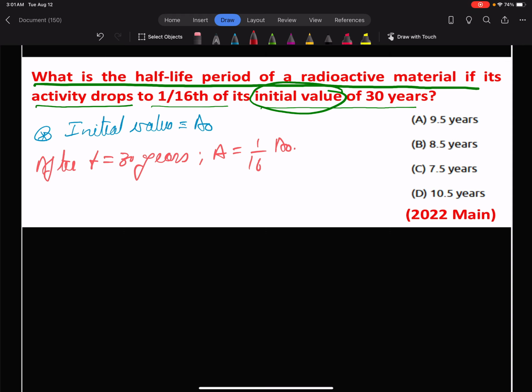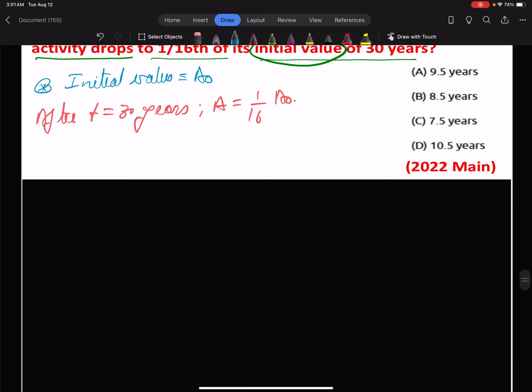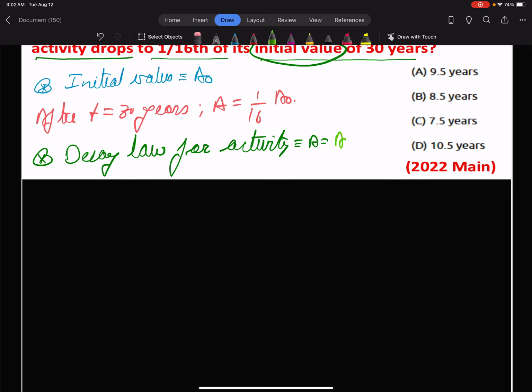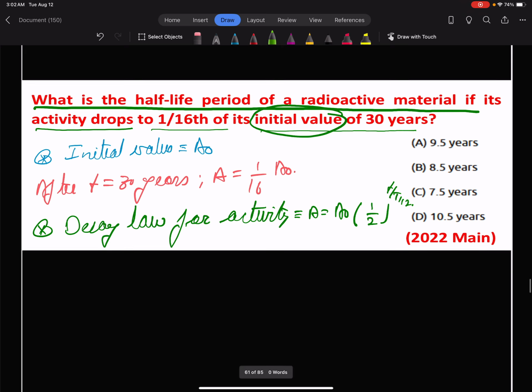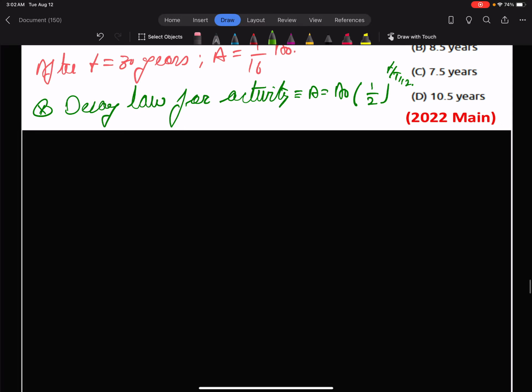Now we can just use the formula for the decay law for activity, which gives us that A is equal to A0 times (1/2) raised to the power t upon T half, and we have to find out T half, that is the half-life.